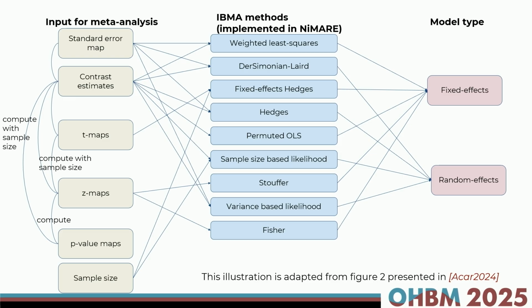For example, most of the methods rely on the standard error map and effect size map, while some methods, like fixed effects Hedges, only need the T-maps and sample size. And Stouffer's and Fisher's methods rely on the Z-map. All of these methods can be categorized into fixed effect models and random effects models. And I will talk about the definitions of these two model types.